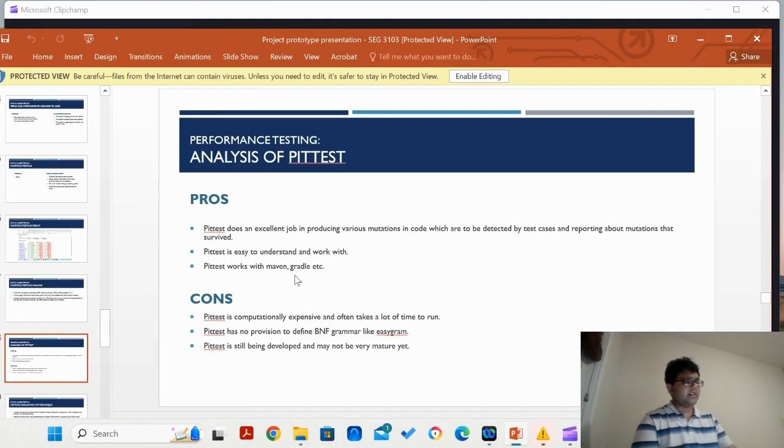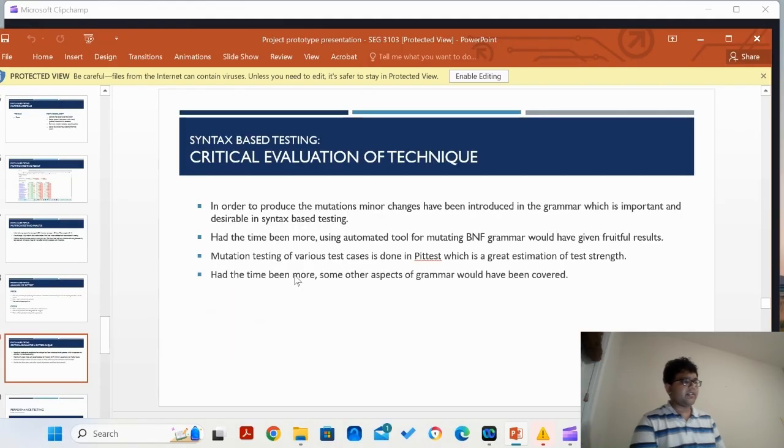PIT test is easy to work with, and it works well with Maven and Gradle. However, it can often take a lot of time, and the system is still being developed and is not very mature at this stage.